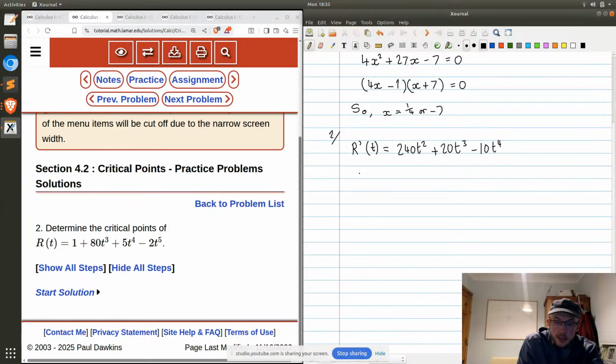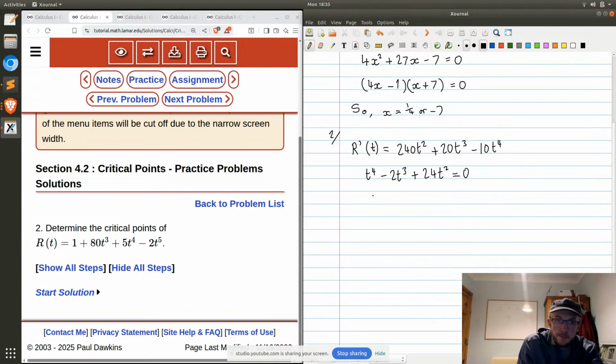We write in descending powers of t and equate to 0, but then we also multiply everything by -1 at the exact same time as well, divide everything by 10. So it would be t to the 4 minus 2t cubed minus 24t squared equals 0.